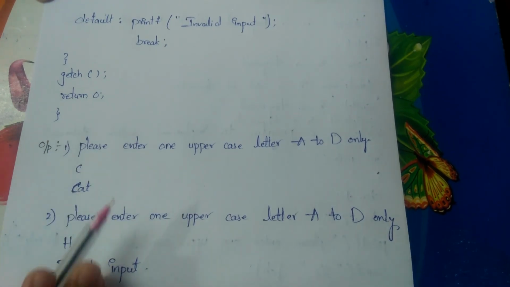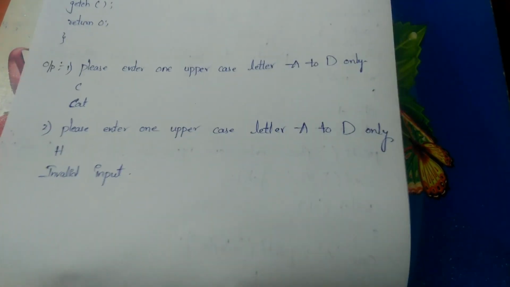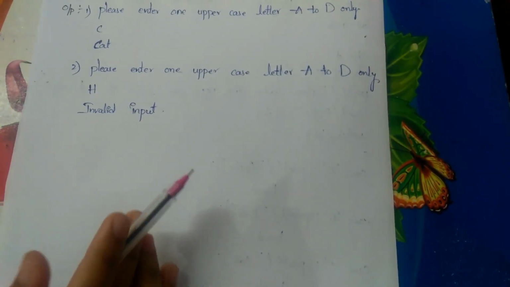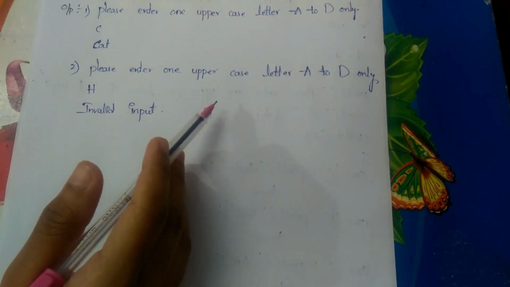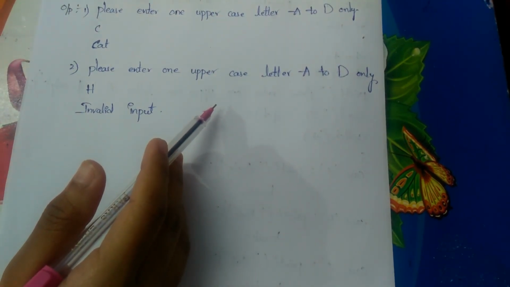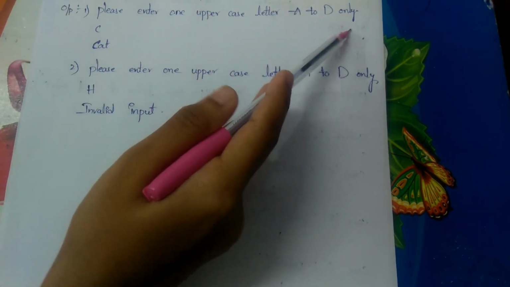Now for the output, we will have two cases. The first is if I enter any uppercase letter between A to D, and the other is if I enter a letter other than A, B, C, D. First let's see this. Please enter one uppercase letter A to D only.